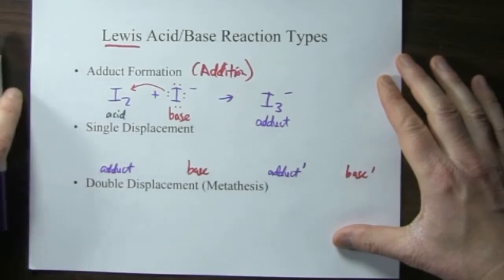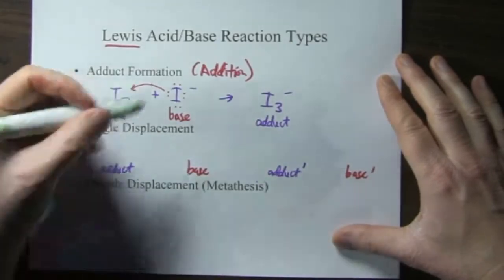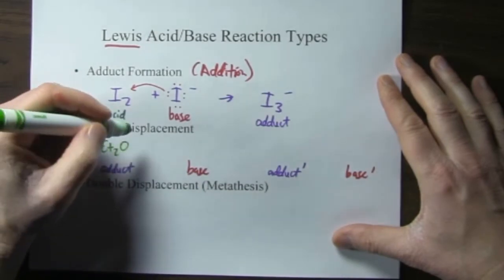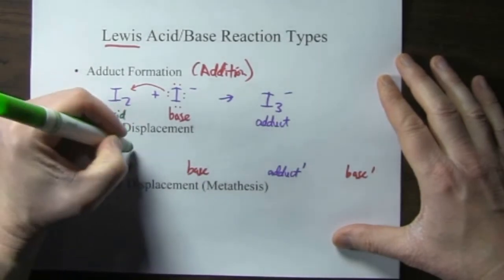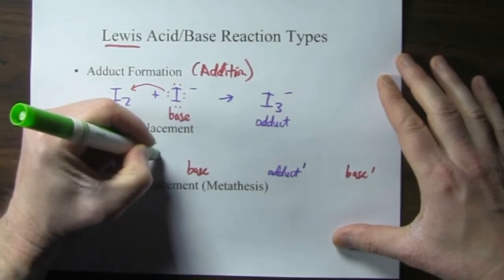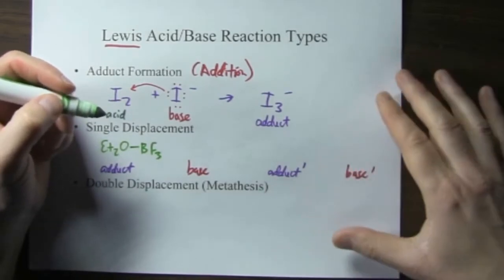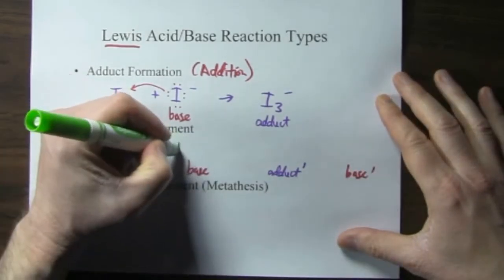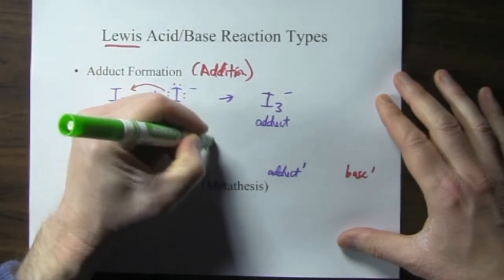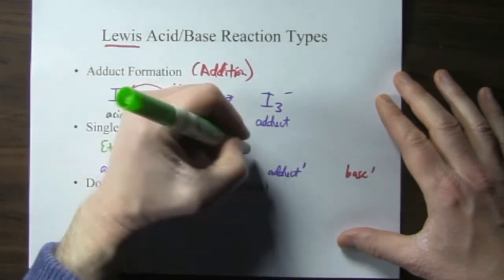So for example, we can have diethyl ether, which is a base, bonded to trifluoroboron, which is a Lewis acid, and that's the adduct. We're going to react that with trimethylamine, which is a base. You see the lone pair there.